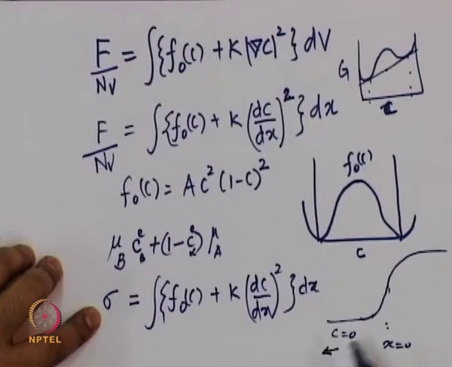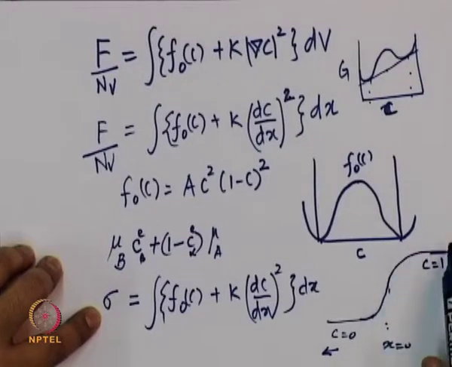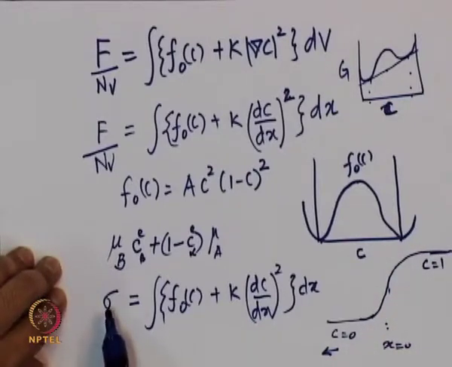As x goes to minus infinity it goes to 0, as x goes to plus infinity it goes to 1. So, there is an interface in the middle. This is the case that we are considering, and we are trying to calculate this interfacial energy, and according to the thermodynamic definition of interfacial energy, which is the excess free energy associated with the interface, we see that in our case this quantity itself is the interfacial energy.